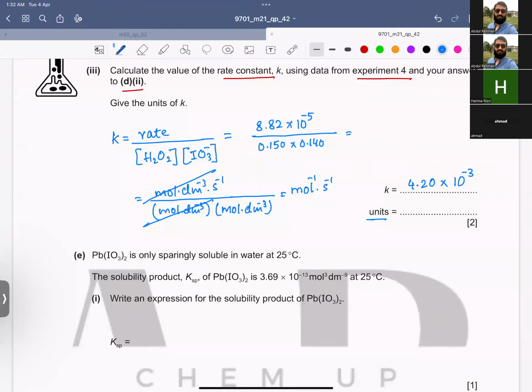Then the second inverse is in the numerator as well. And dm cube when it goes to the numerator, it would become dm to the power 3 instead of dm cube. So mole inverse dm cube second inverse, or you can write in this order as well. Is this clear?